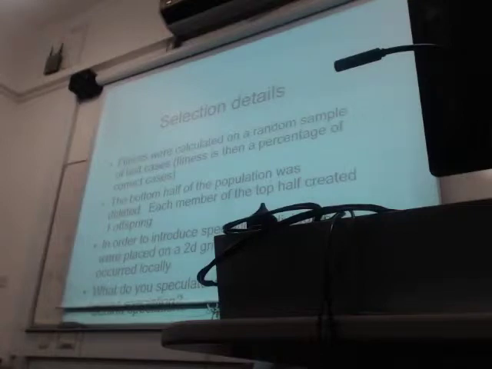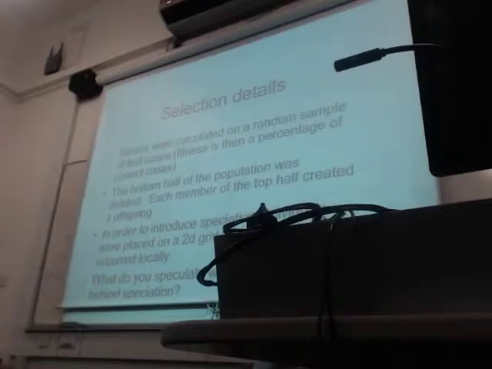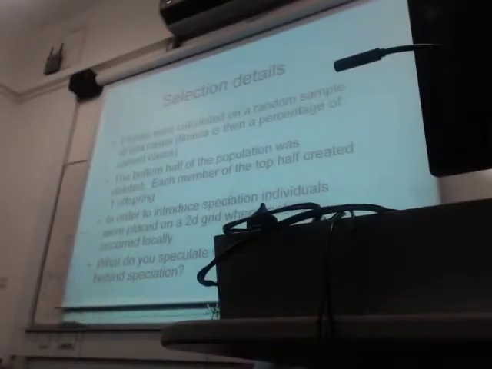Okay, so the experiment started out as follows. Fitness was calculated on a random sample of test cases. You could check all possible permutations or some subset of them, but it was some random sample of test cases that was used to calculate fitness.